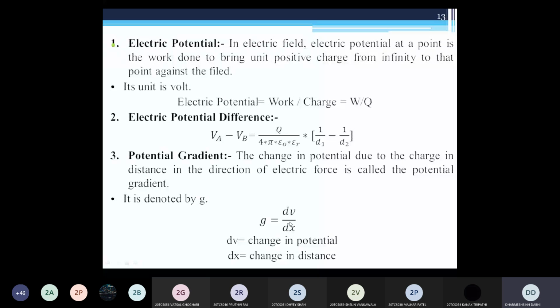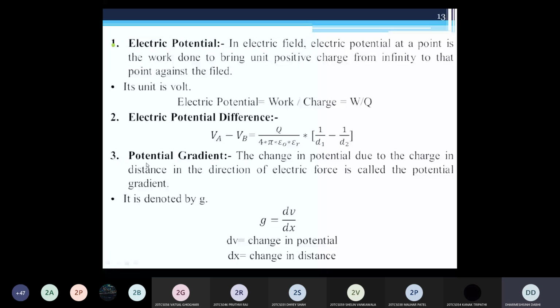So you can write it this way: G is equal to dV by dx. G is the symbol of potential gradient, dV is the change in the potential, dx is the change in the distance. So the change in the potential per unit change in the distance is nothing but the potential gradient.